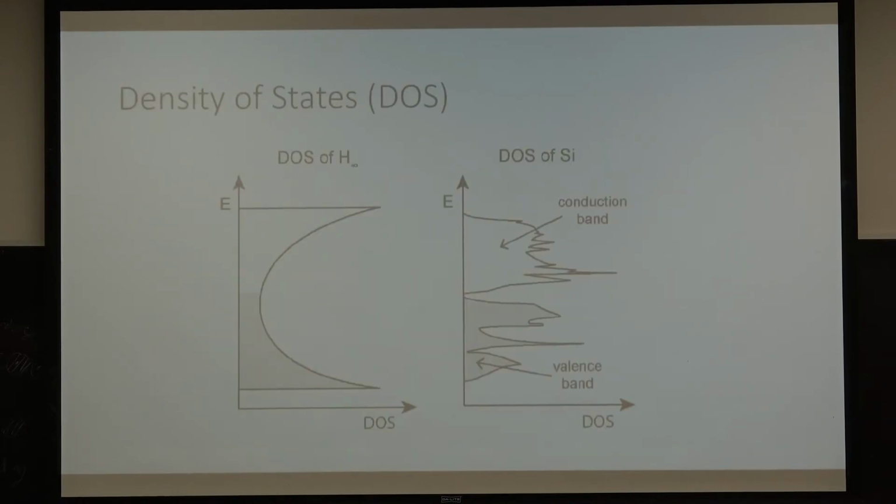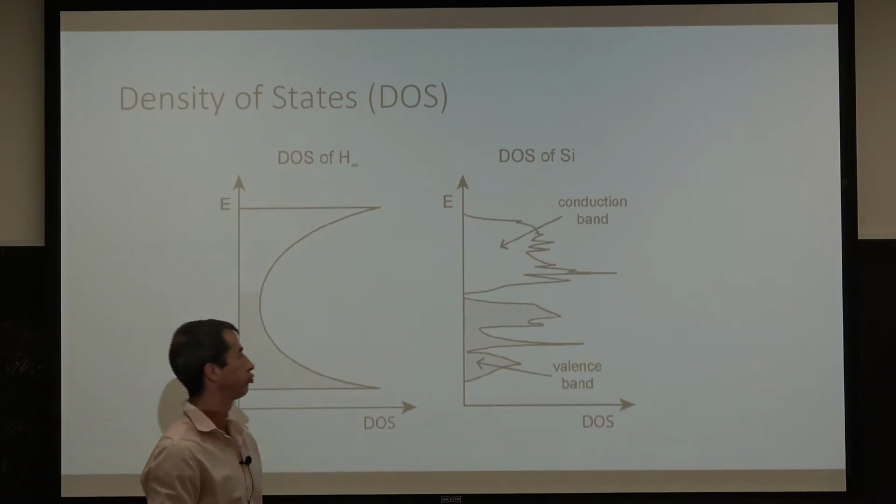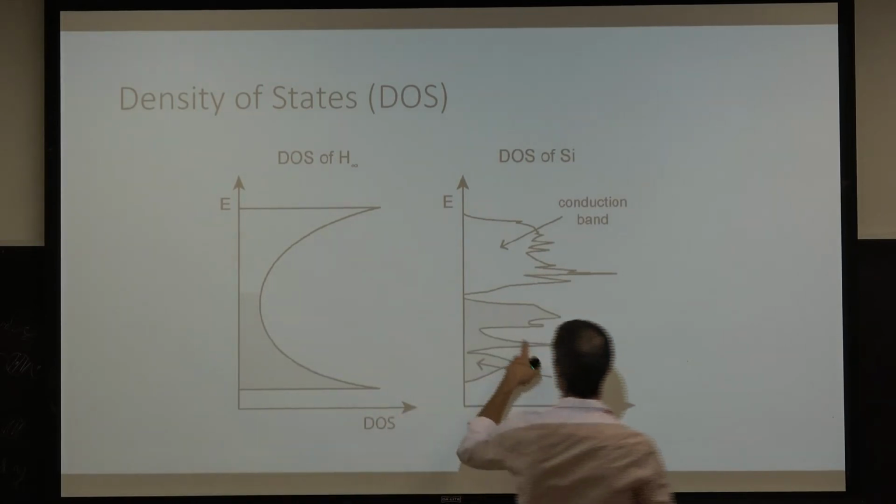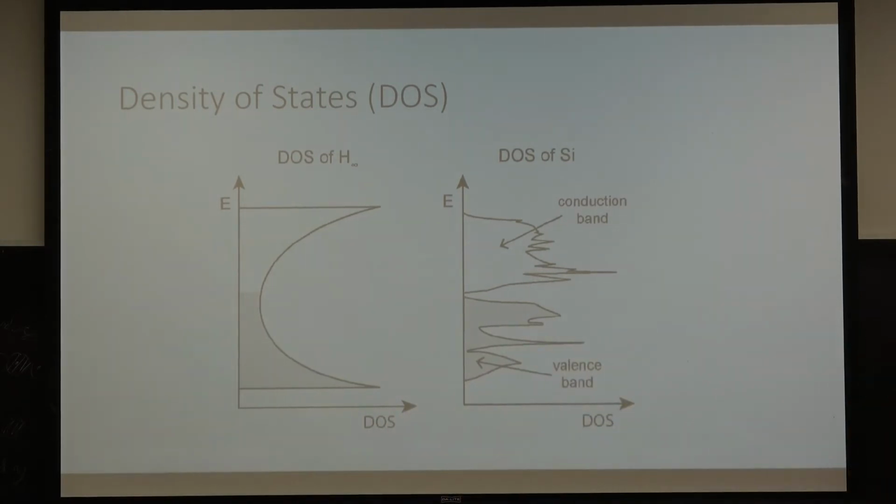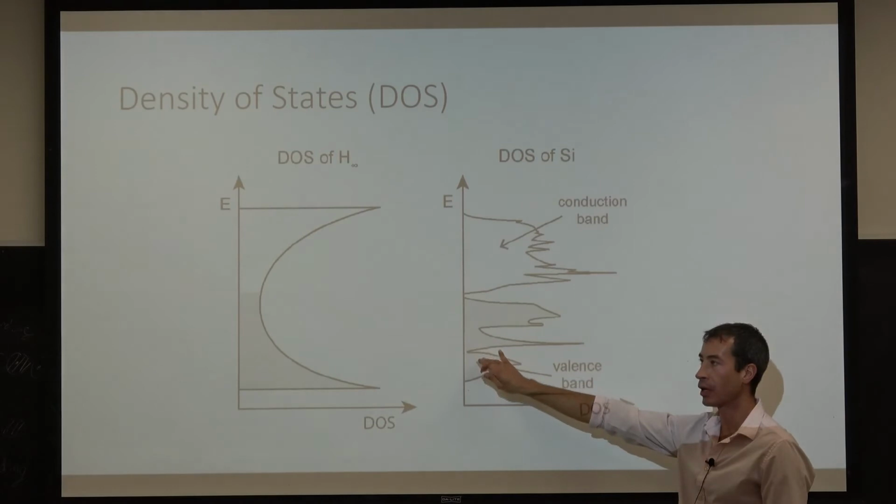Can you explain where the groups are coming from? Why is this not a completely smooth situation? It's probably because there are certain energy levels that are much more favorable, and so it tends to fill those more quickly.